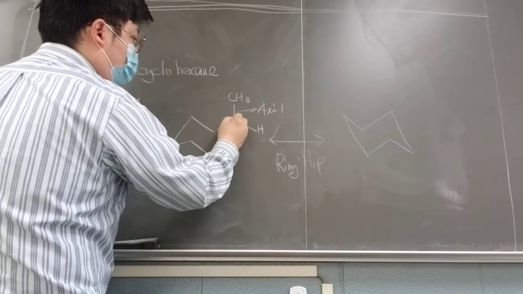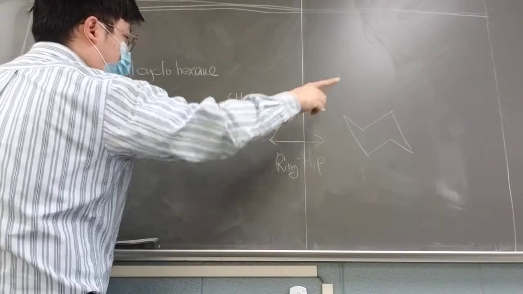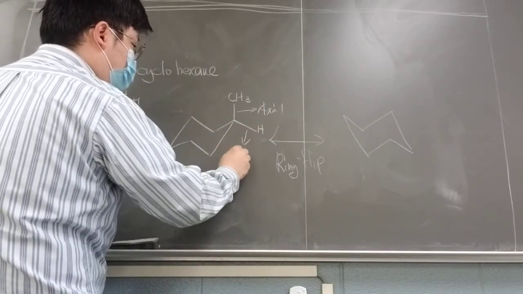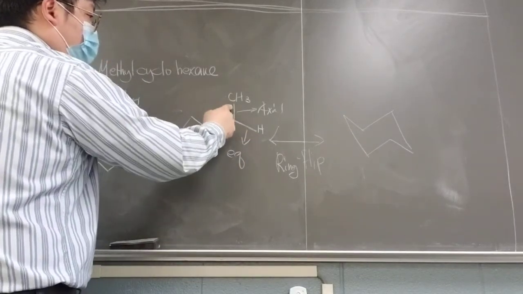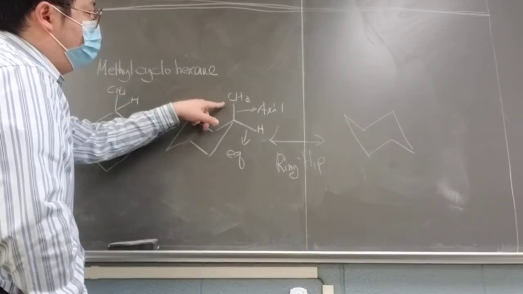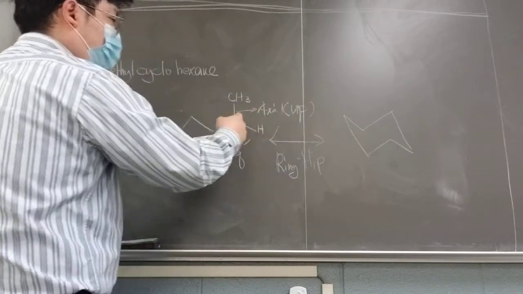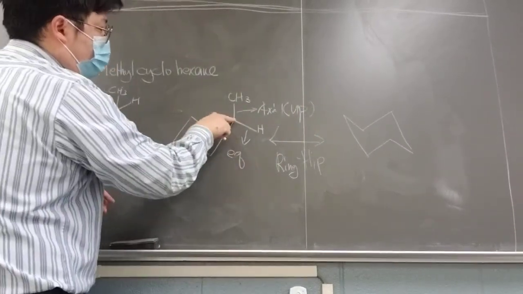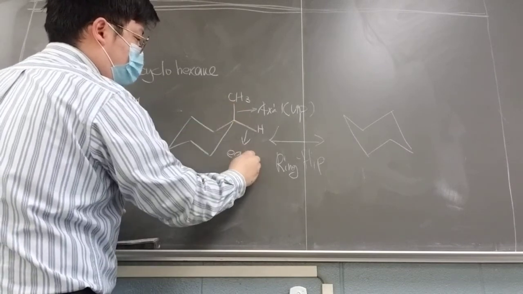This is like an equator type of direction over there. So this is the axial position. This is the equatorial position here, right? This hydrogen is equatorial position, axial position here. And another thing you have to know is this is axial position heading up. Right? This is axial position, but it's heading up. And this is equatorial position, but it's actually slightly going down, right? So it's slightly down. Okay.